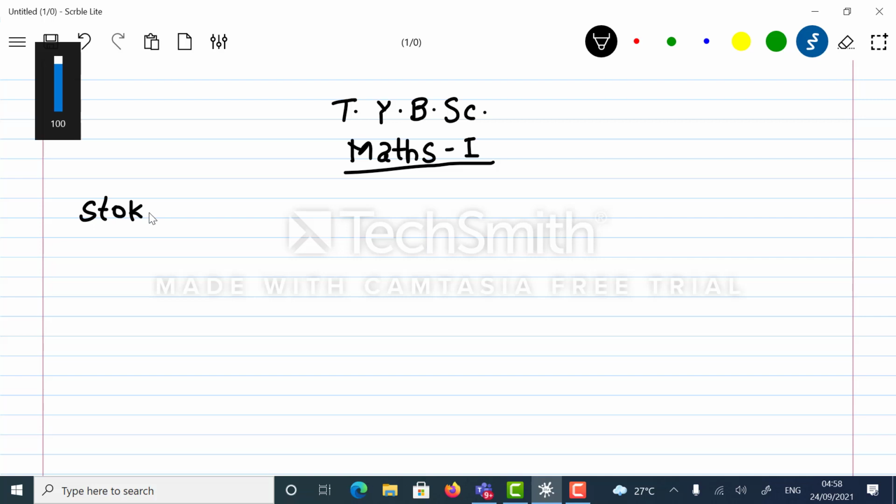So let me write down the Stokes theorem statement. The statement is as follows.